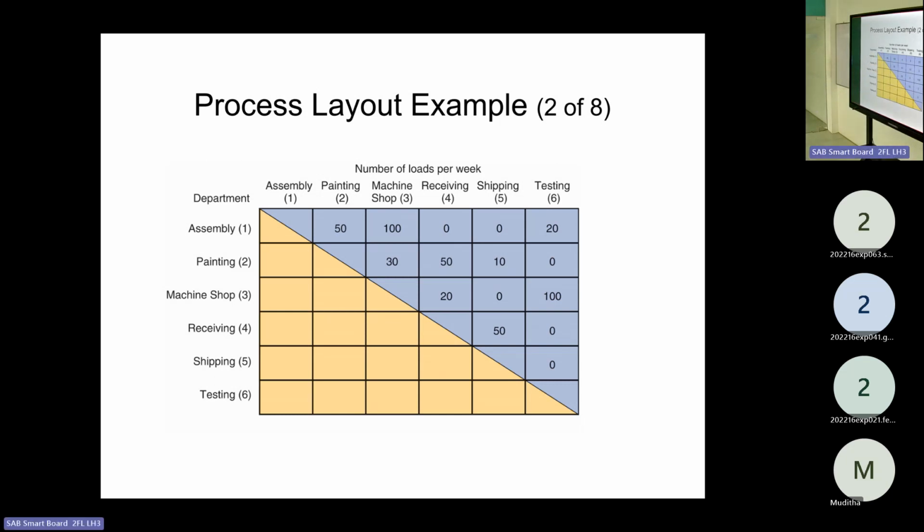Two-way, because transactions can go both ways. This 100 refers to 1 to 3 and 3 to 1 in total. That is because it's a two-way summary chart.